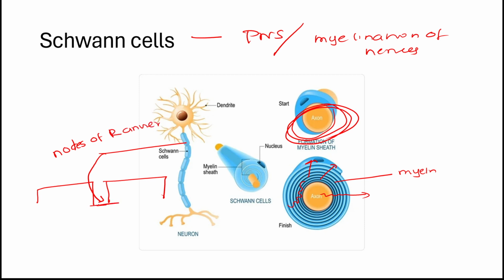Within the nodes of Ranvier you find the most concentrated levels of sodium and potassium channels, allowing ion transitions to take place for depolarization. Usually when the current has to flow within an axon, depolarization only happens at the nodes of Ranvier, and it tends to jump from one node to another in a conduction modality known as saltatory conduction.